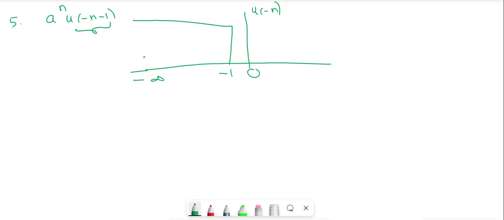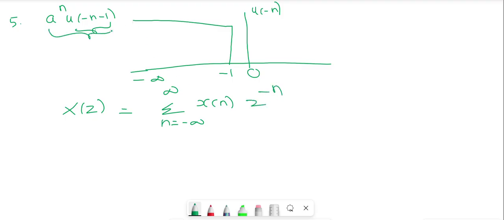So X of z will be the summation of n equal to minus infinity to plus infinity of x of n into z power minus n. So this is x of n, which is equal to the summation of n equal to minus infinity to minus 1 of a power n into u of minus n minus 1, z power minus n.